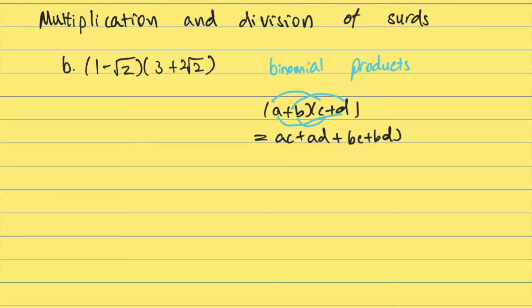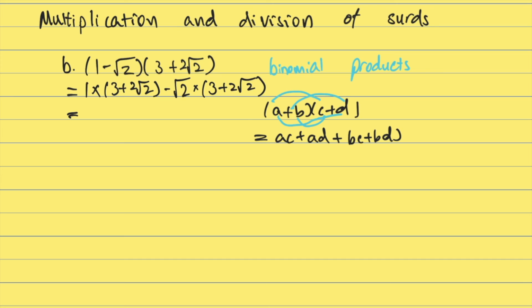Okay, now let's see how we can solve this question. First we multiply 3 plus 2 square root 2 by 1 and negative square root 2 separately, which gives us 1 times 3 plus 2 square root 2 minus square root 2 times 3 plus 2 square root 2.